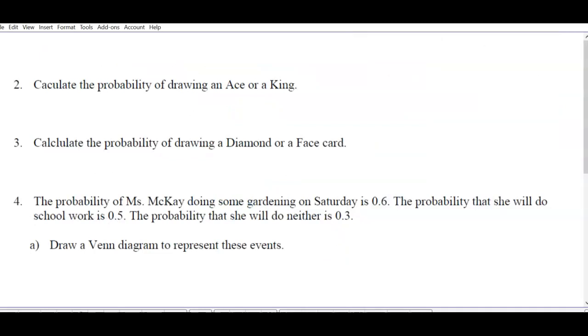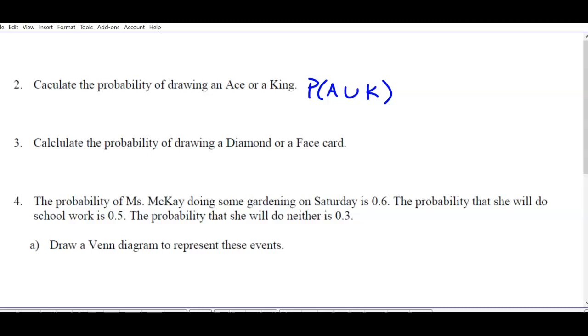Okay. These ones not going to use the diagram or anything. Just think about it. Calculate the probability of drawing an ace or a king. So probability of ace or king. Can you have an ace that is also a king? No. So you're just adding them together.